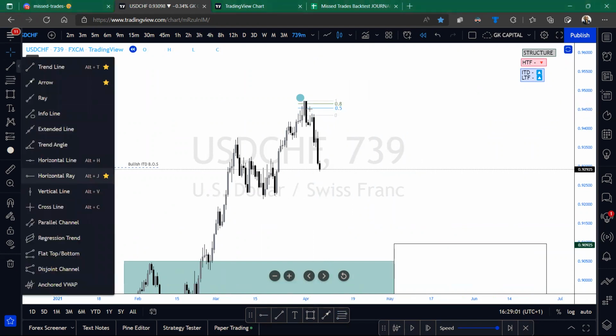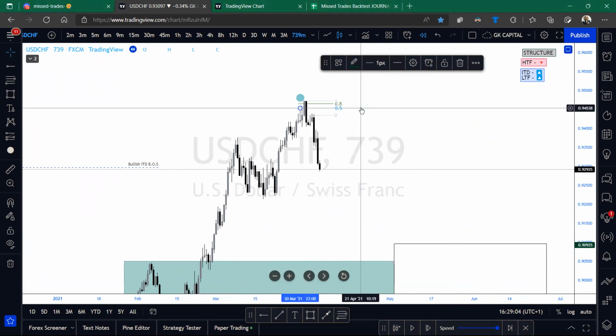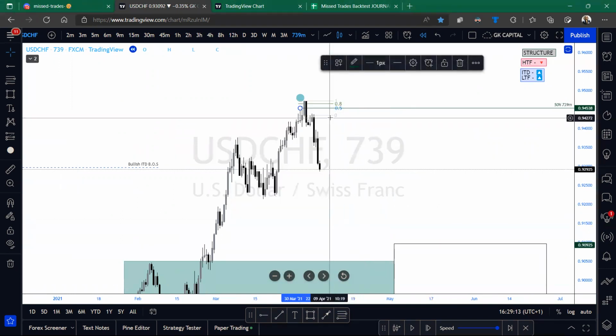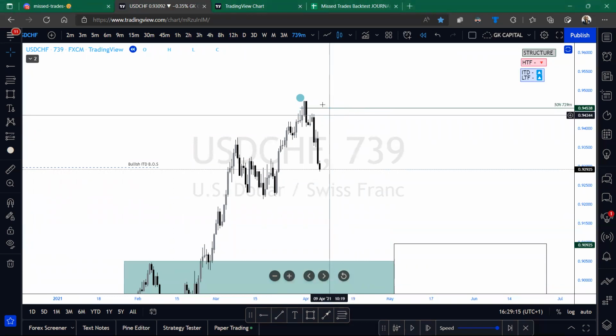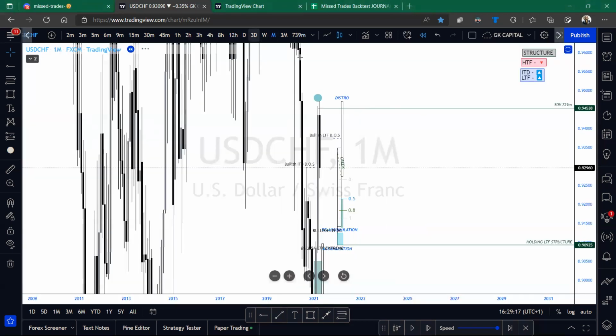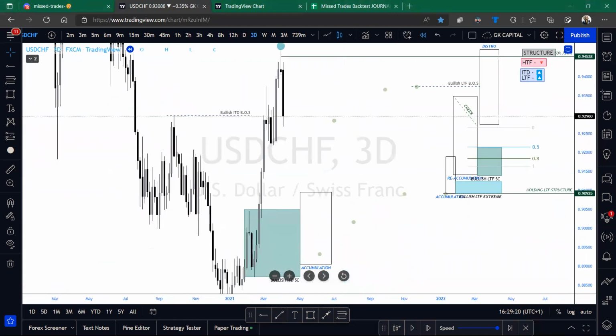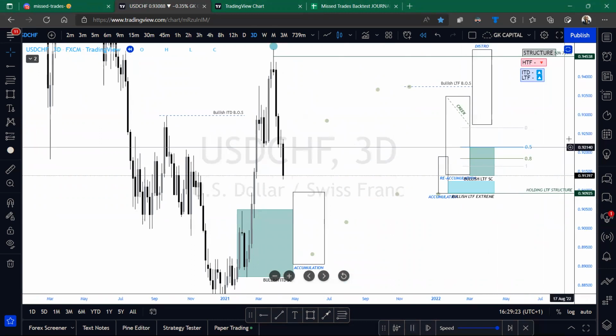That was a nice hedge. And then let's just come back into it.